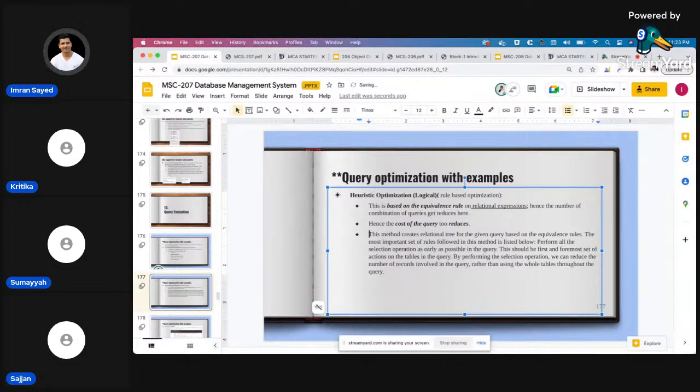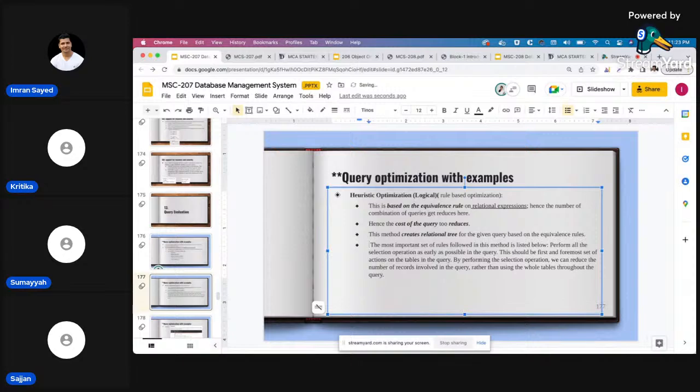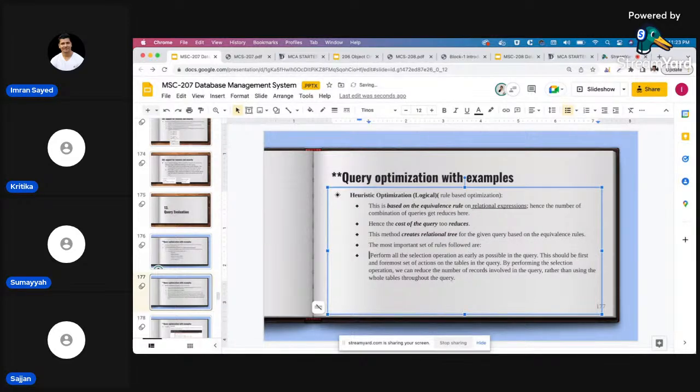This method creates relational tree for given query based on equivalence rules. Most important set of rules followed in this method are: perform all selection operation as early as possible in the query.